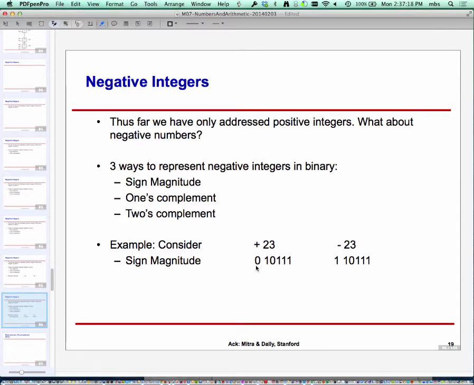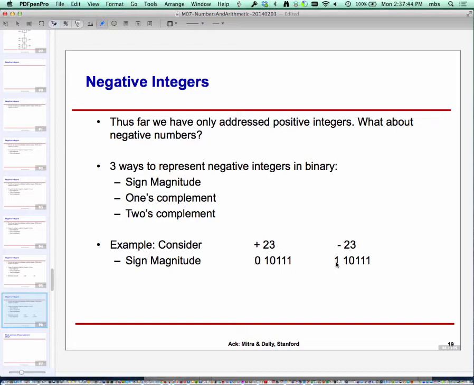In sign magnitude, we take an extra digit and use that to represent the sign. So plus 23 becomes the magnitude 10111 and 0 for a positive sign. Minus 23 becomes the same magnitude but 1 to represent a negative sign. So that's plus 23 and minus 23 in sign magnitude.